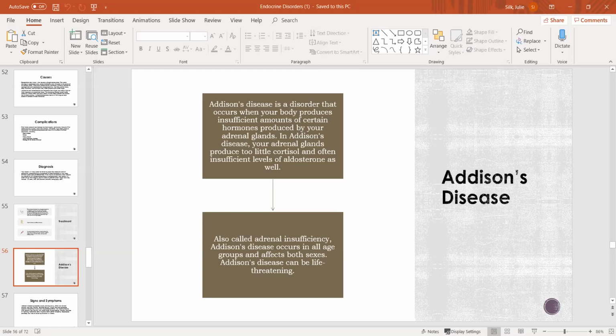The sex hormones would be androgens and estrogens. In Addison's disease, your adrenal glands produce too little cortisol and often insufficient levels of aldosterone. So both the mineralocorticoids and glucocorticoids would be affected. You're not producing enough.